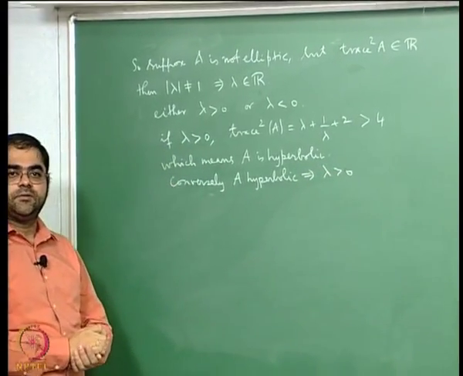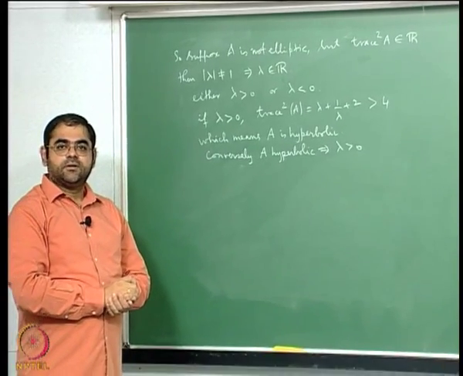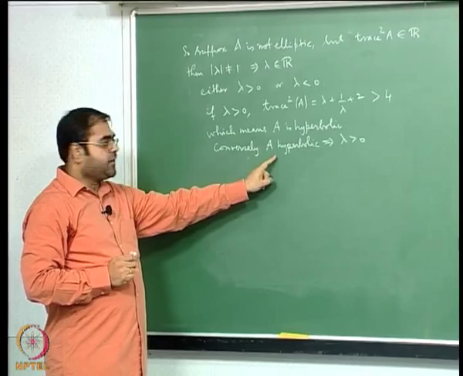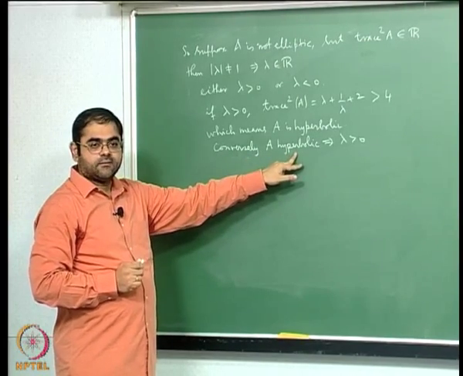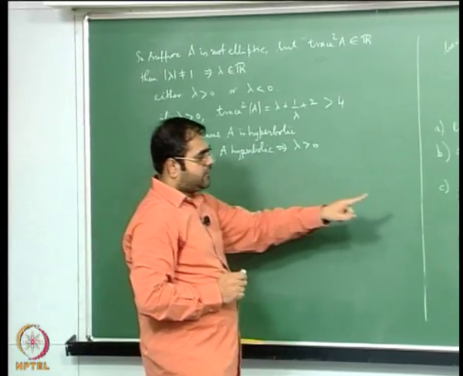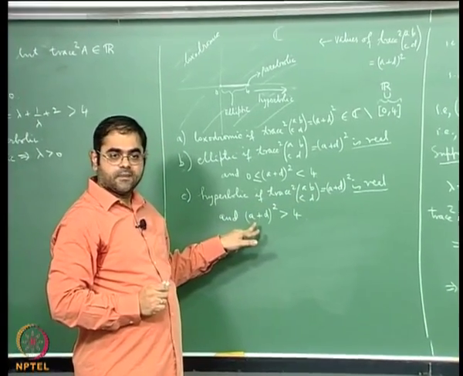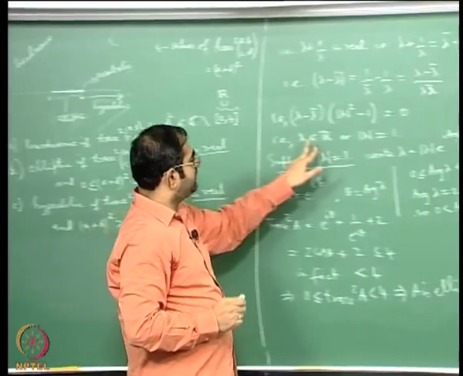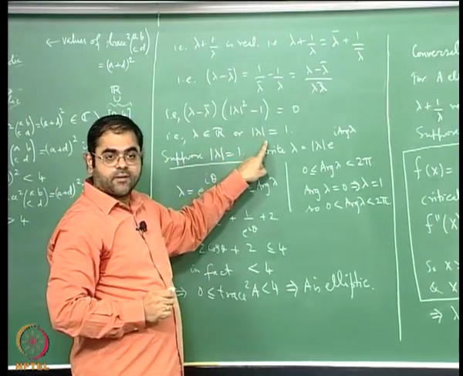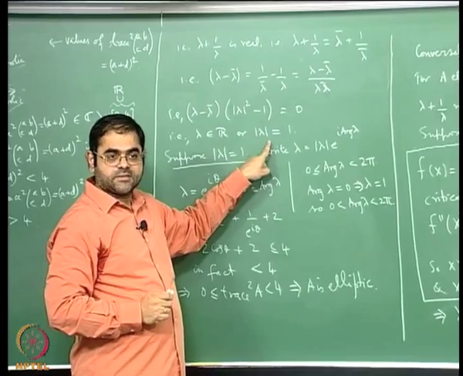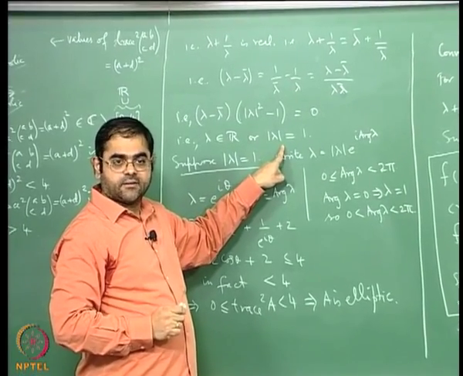And why is that true? Because if A is hyperbolic, then the condition is trace squared is real, and that will mean either lambda is real or mod lambda is 1. But A is hyperbolic and so mod lambda cannot be 1, because then A would be elliptic.